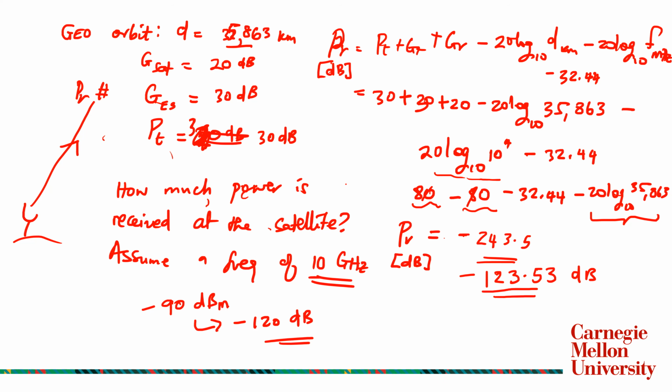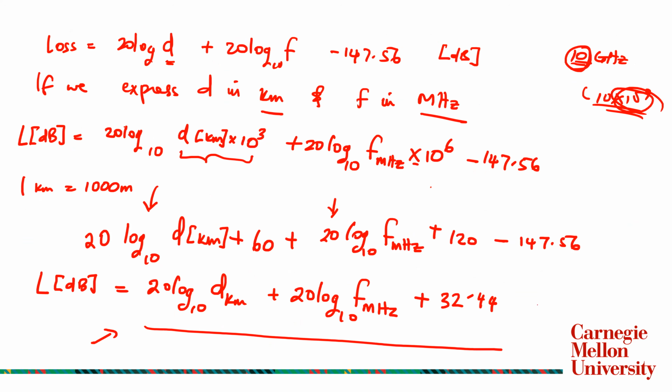Now, all this is really beautiful. I love it. I love propagation, and as you can see, it is quite easy. Somebody is asking why we are using negative 32 instead of a positive. It's because if you notice here, we said that our loss in this case is 20 log 10 of D, 20 log 10 of F plus 32.44.